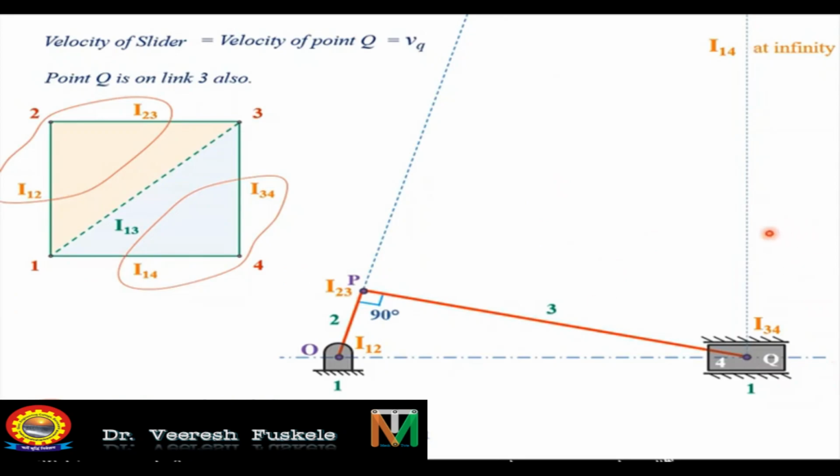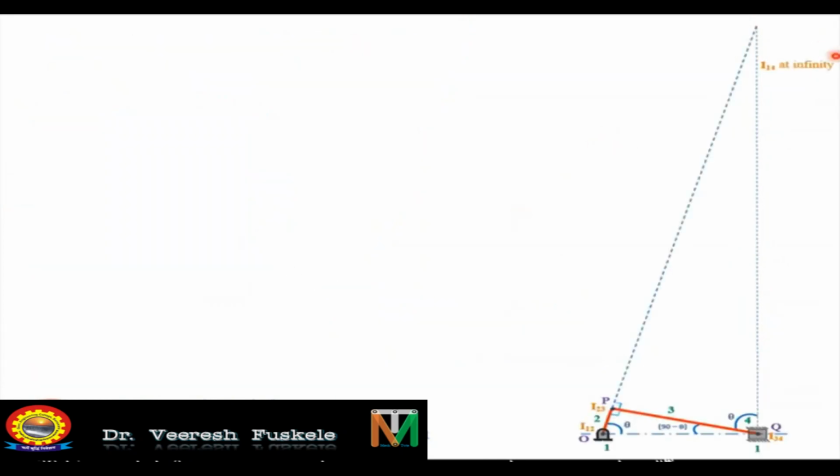Now it's getting out of the screen, so let me reduce the scale. Something like this. So at the intersection of these two lines, we will get I13 as discussed earlier. So this is the location of I13 and we will name it as point R.